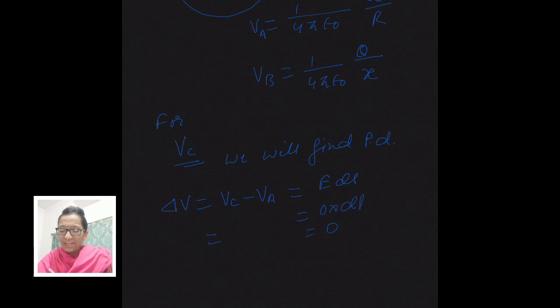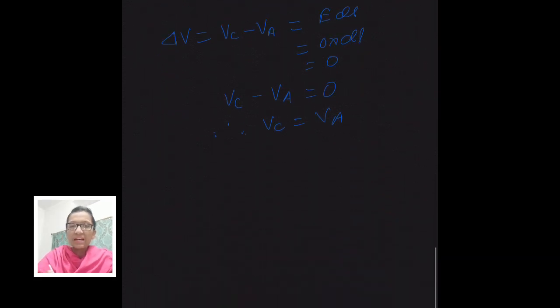So you will find that VC minus VA is equal to 0. It implies that VC is equal to VA. So potential inside any surface is the same as the potential on the surface.